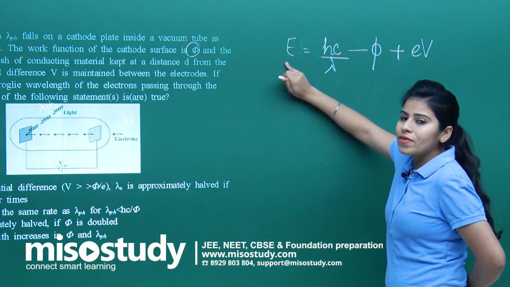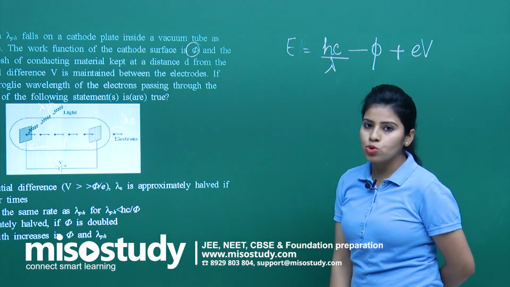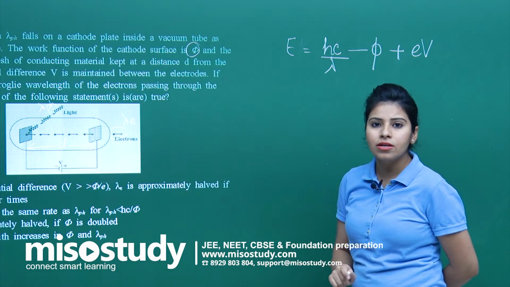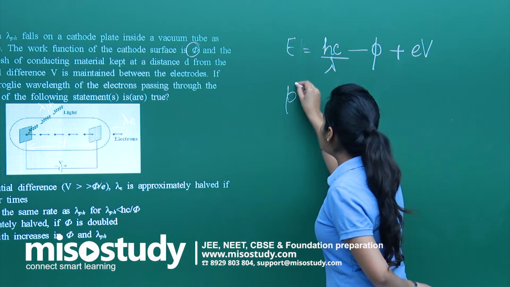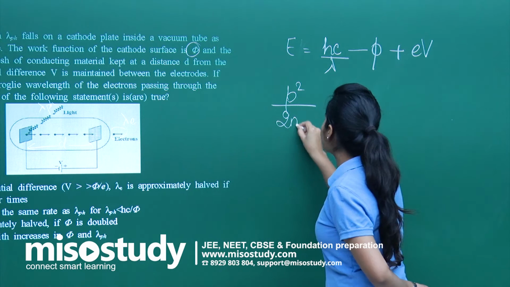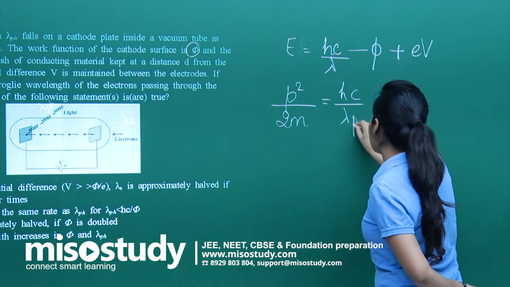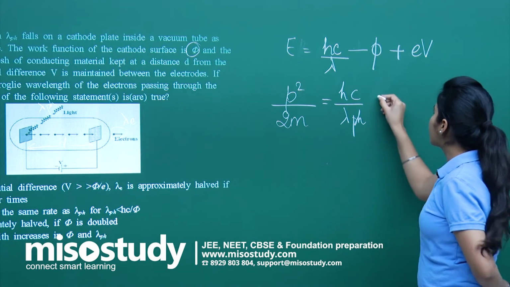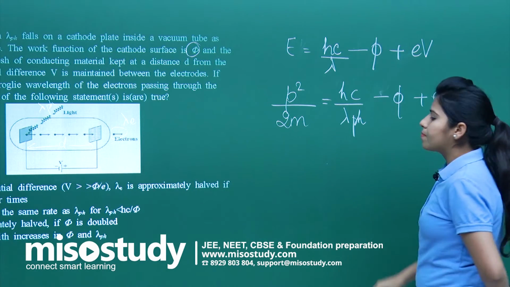Now you can write this energy in one form, that is P square by 2m. You know that there is a relation between momentum and energy and also with the mass. So we can write it as P square by 2m equals hc by lambda photon, because this is the energy of photon, minus phi plus eV.